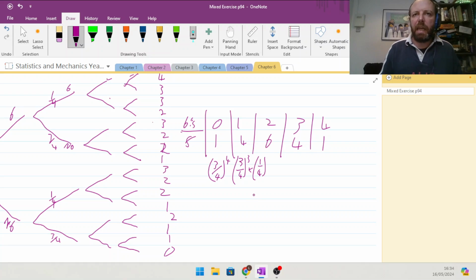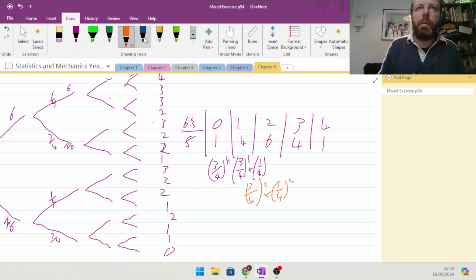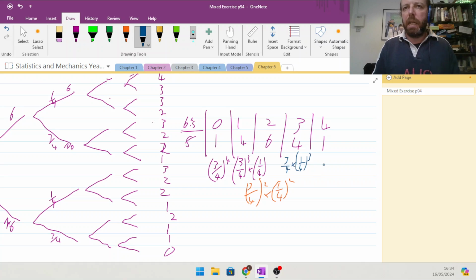Then for 2 sixes, it's going to be 3 quarters squared times 1 quarter squared times 6, and then up here for 3 it's going to be 3 quarters times 1 quarter cubed times 4, and then the last one is going to be 1 quarter to the power 4.